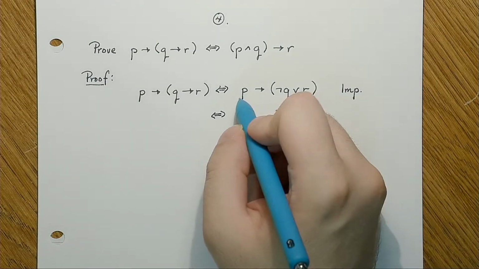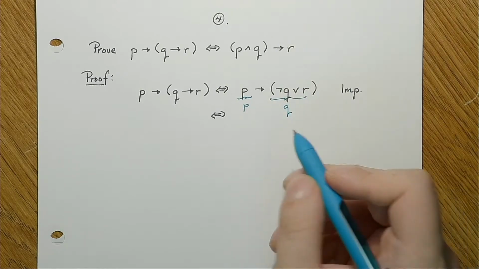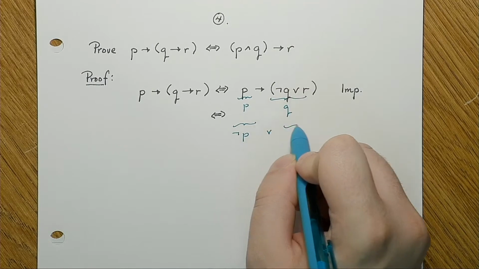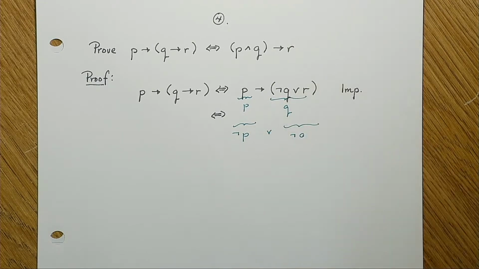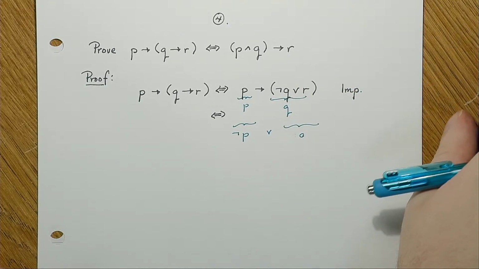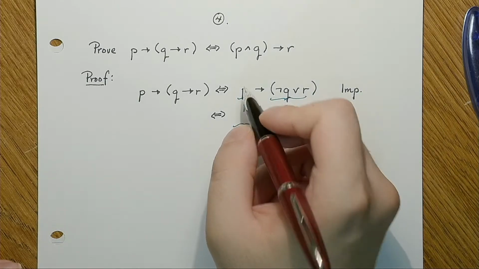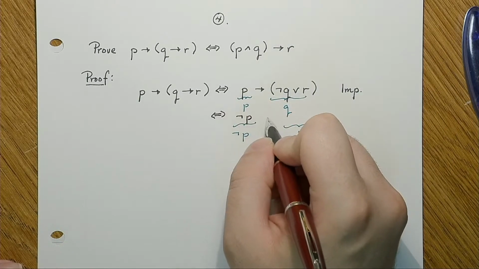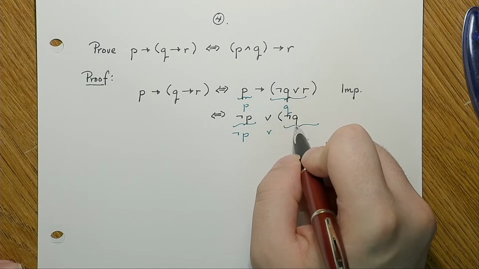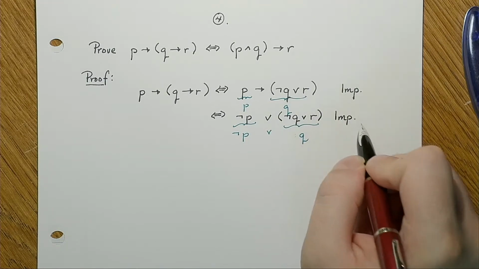So again, this is my P, here's my Q. So I know down here this should be the not P or Q. So this will be the not P, or over here is my Q, so I'll just copy this down again, not Q or R. So that's the implication again.